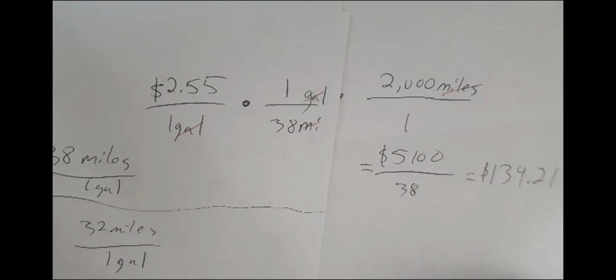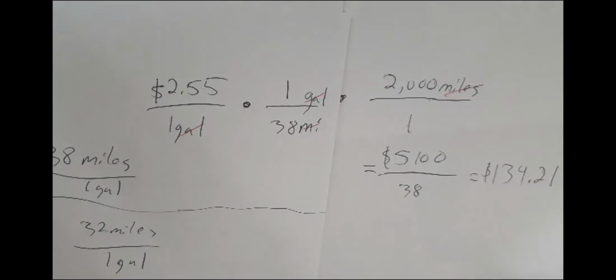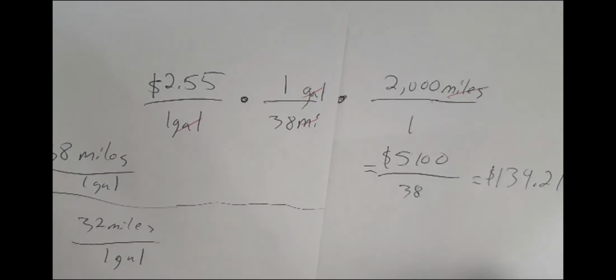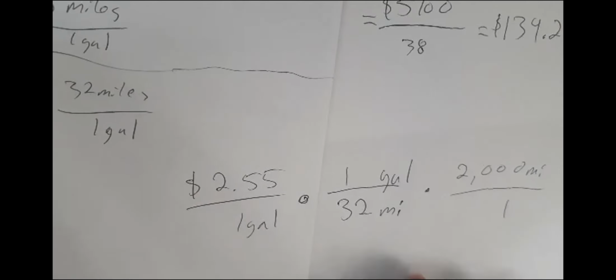And then the last thing, I know y'all can't see it, I'm going to move it up in just a second. The last thing, the 2,000 miles, is that going to change at all? It should not. We're still doing the same trip. So most of this should be the same, except the miles per gallon is changing, right?